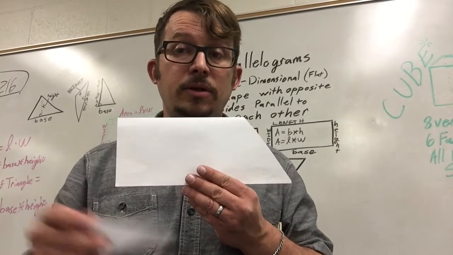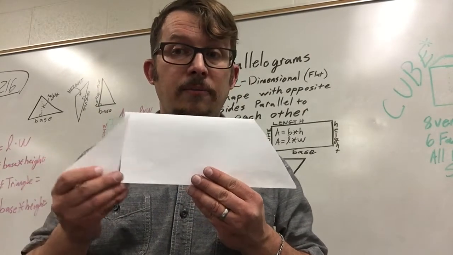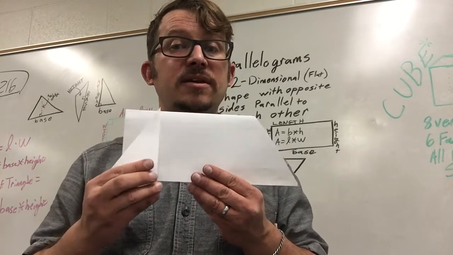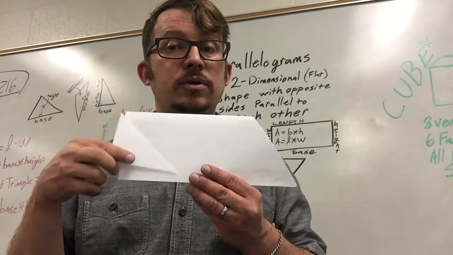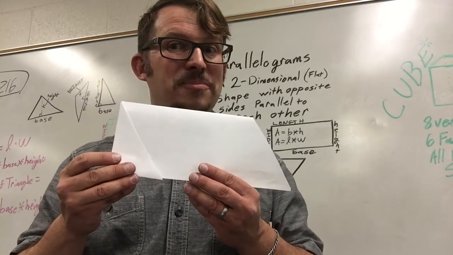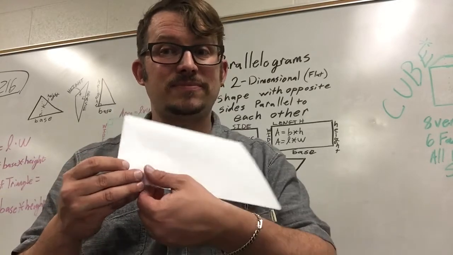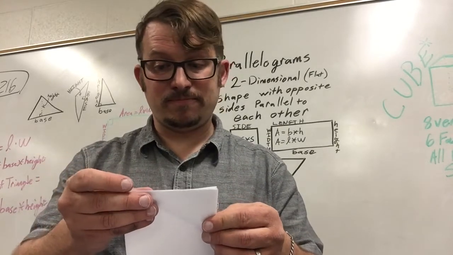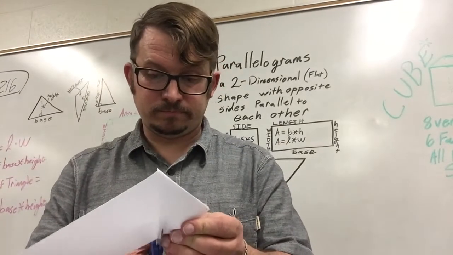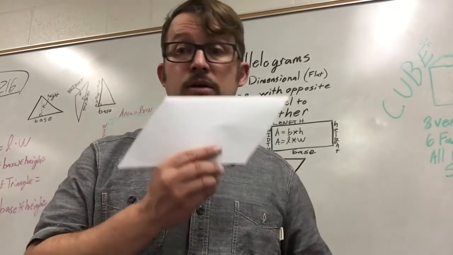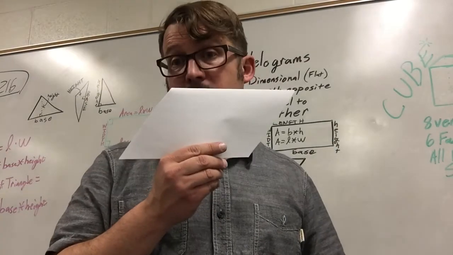This is not a parallelogram because that side's not parallel. I could tape this one on. Instead, I'm just going to cut that bit off so that it matches, using the piece I cut off as my guide. Ta-da! This is purely a parallelogram.